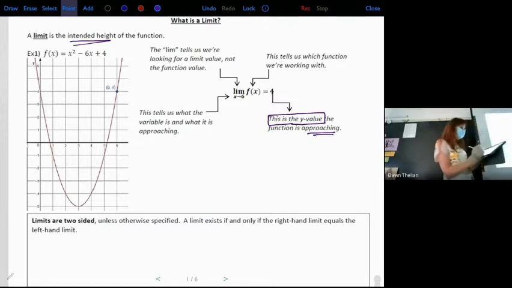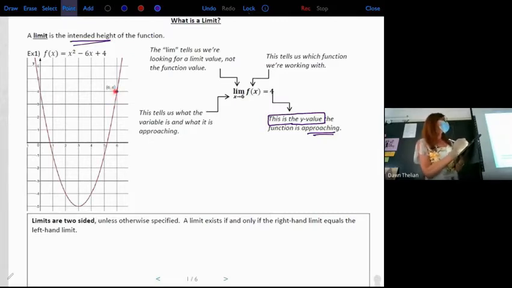As we're approaching x equals 6, they mean from both sides. Picture the line of the function as a road. And as you're approaching x equals 6 from both sides, what is the intended height, or what is your intended destination as you approach 6 from both sides?